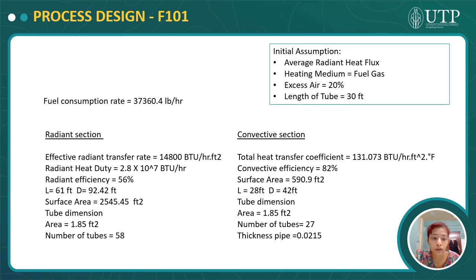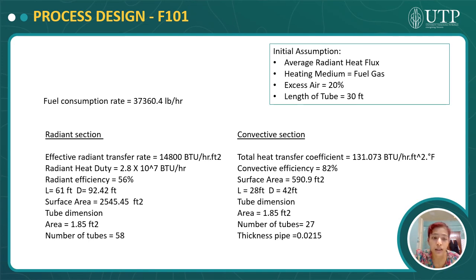So for the calculation, the fuel consumption rate is 37,360 pounds per hour. There are two sections, which are the radiant section and the convective section.